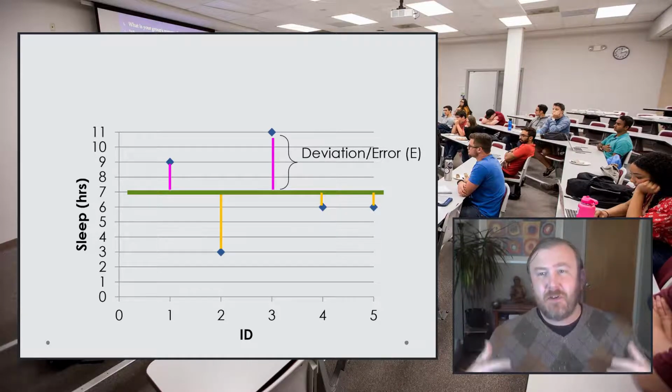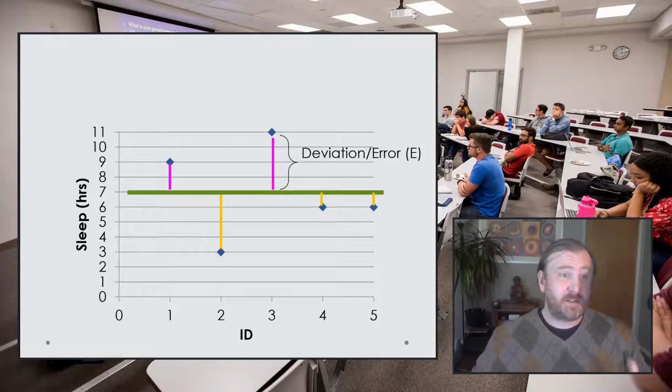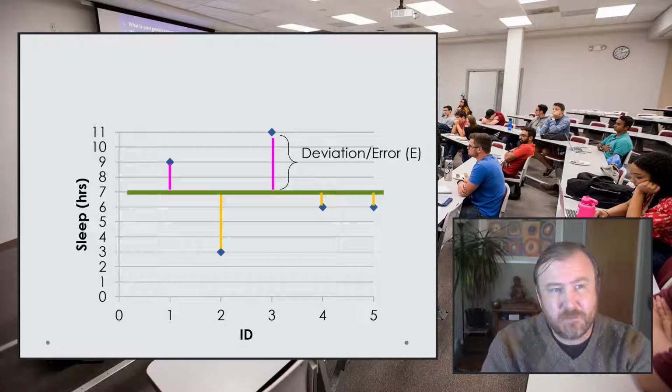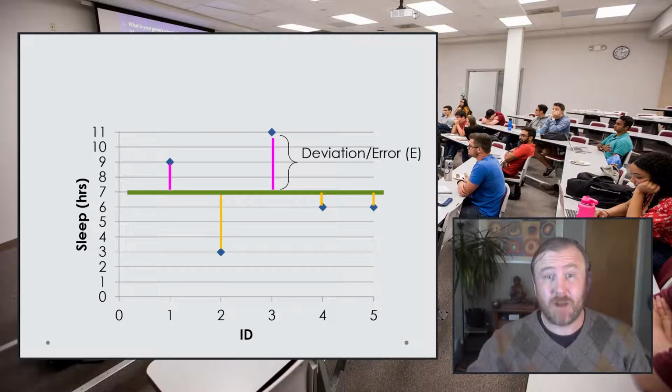So the pink and the orange lines are the distances, or deviations, for each value from the mean. So we add these deviations together and they're going to equal 0. So for example, we've got deviations of 2, -4, -4, -1, and -1. Those add up to 0, right?